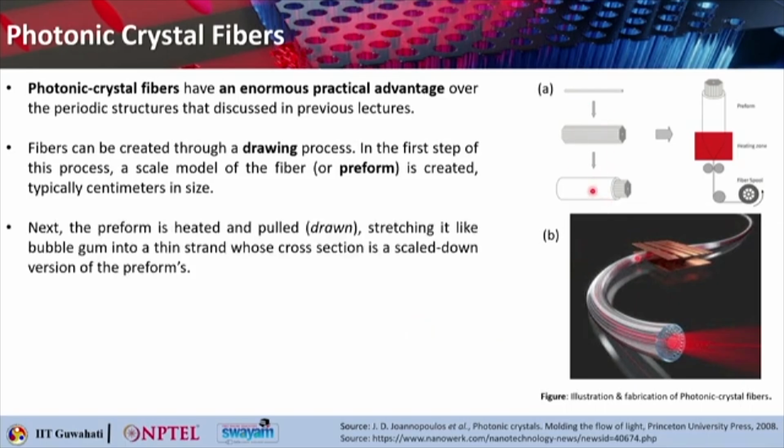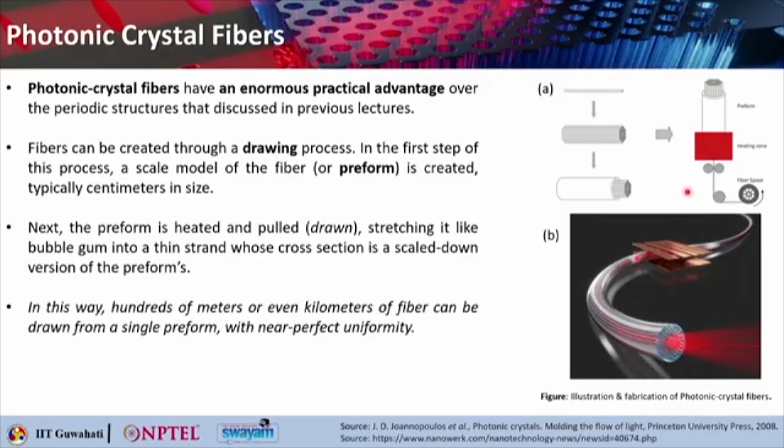Then the preform is heated and pulled through rollers. That makes them into very thin strands, and the cross section can scale down to micrometers. That way several meters or even kilometers of fibers can be drawn from a single preform with near perfect uniformity. So this is the method of fabrication of photonic crystal fibers.